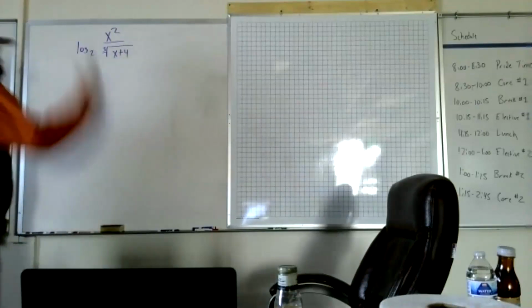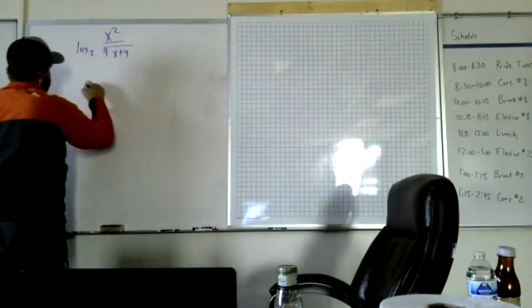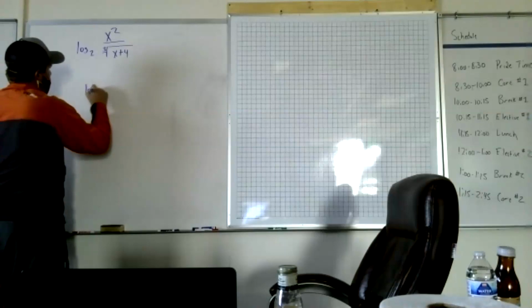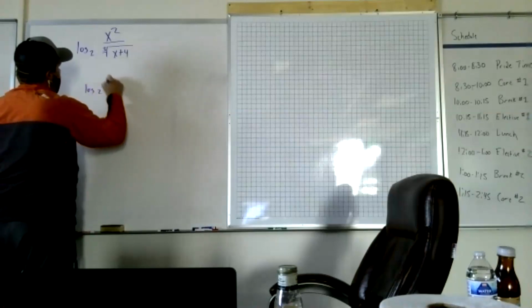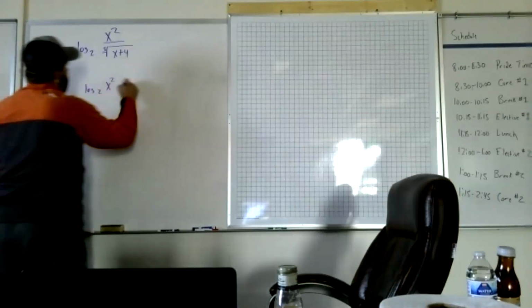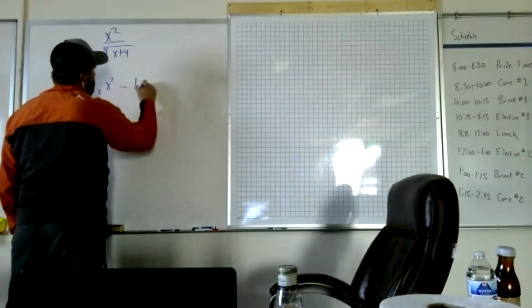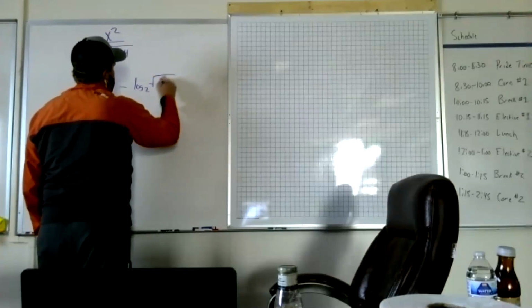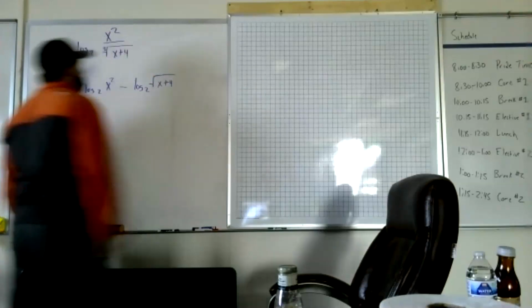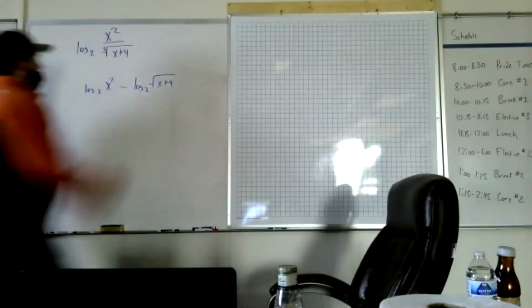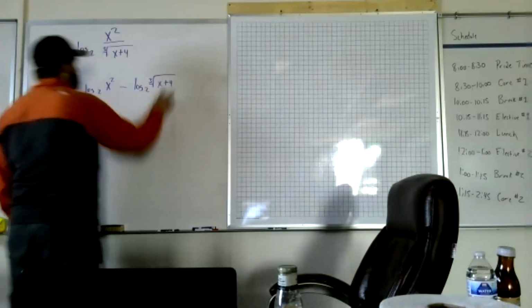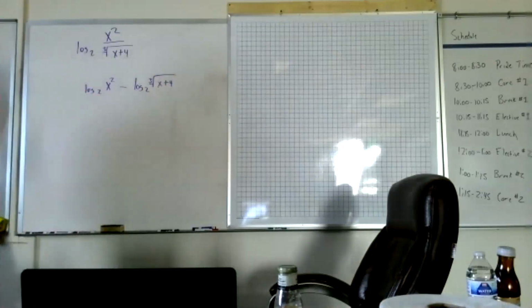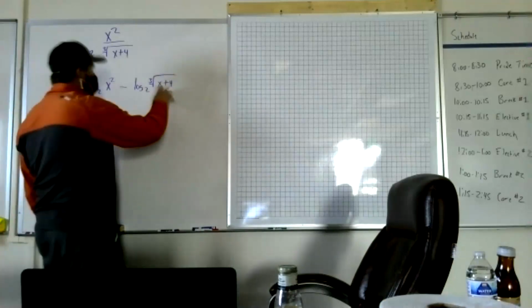First step, use the quotient property to split these up. So that's log base 2 of x squared minus log base 2 of the cube root of x plus 4. The next thing we want to do is use our properties of rational exponents to get rid of the radical, right?